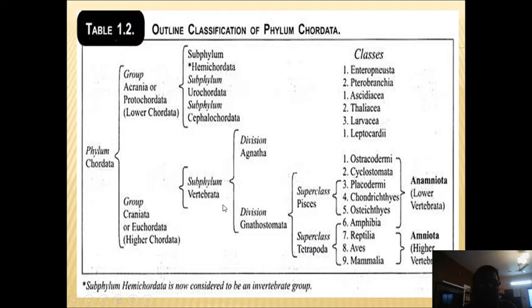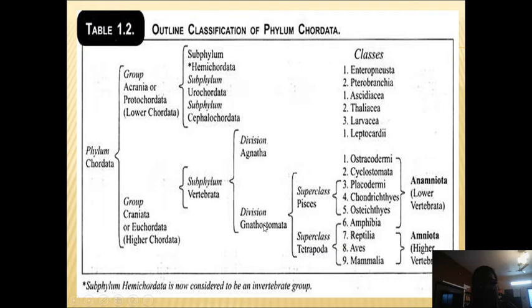Then there is a very important group, the Vertebrata. This Vertebrata is divided into two divisions, Agnatha and Gnathostomata. In Agnatha, A means absent and gnathos means jaws, so these are the animals where jaws are absent.